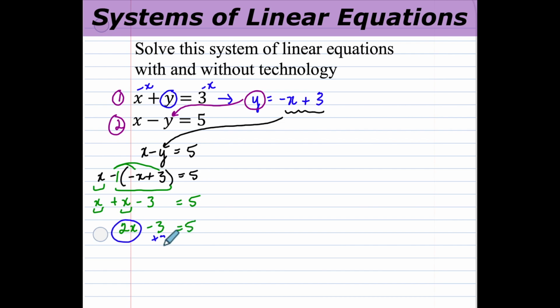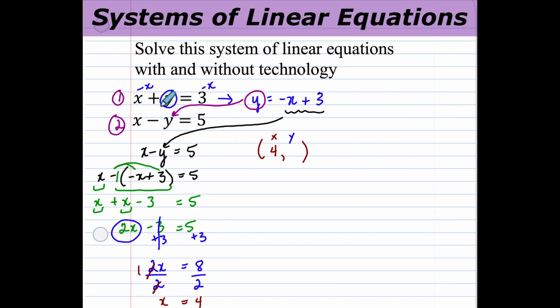We need a 0 pair. Add 3 both sides to make a 0 pair. And we have 2x on the left, 8 on the right. Now we divide by 2. 2 divided by 2 is 1, and we have x = 4. The x value is 4, but what's the y value?